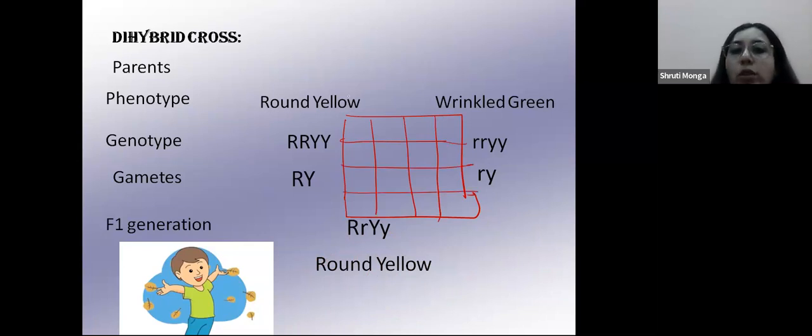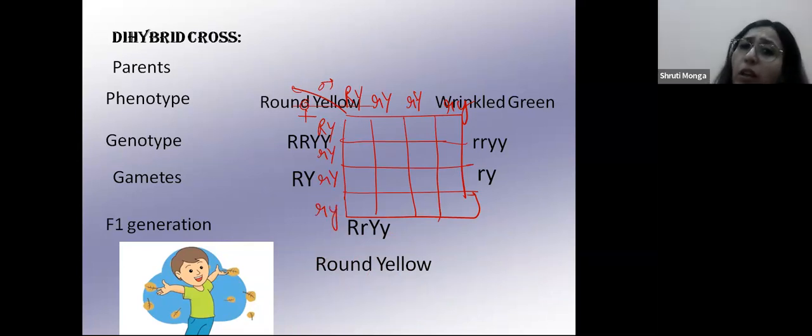So first, you are writing the male gametes over here and female gametes over here. So RY, Ry, then you have rY and then you have ry. Same gametes you are going to write here, and then you are going to do the multiplication and you will get the seeds. So you have to do it like this.